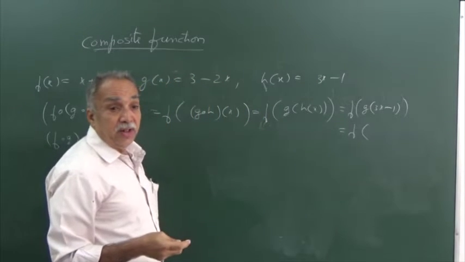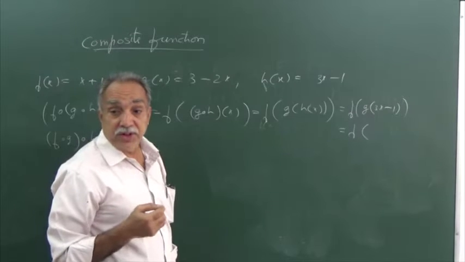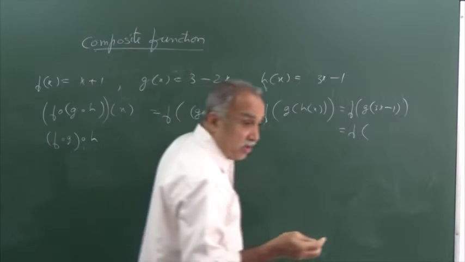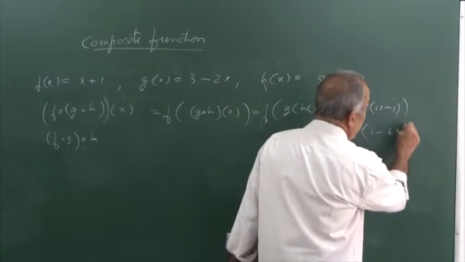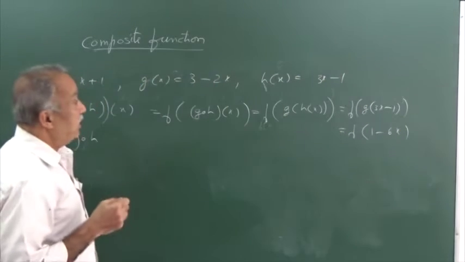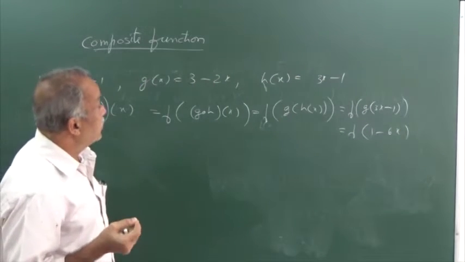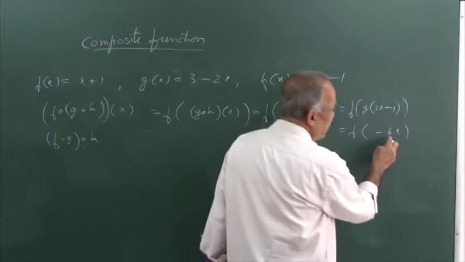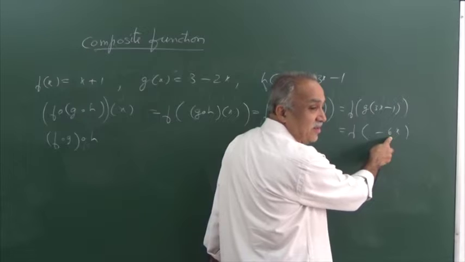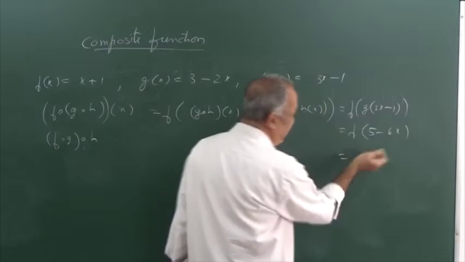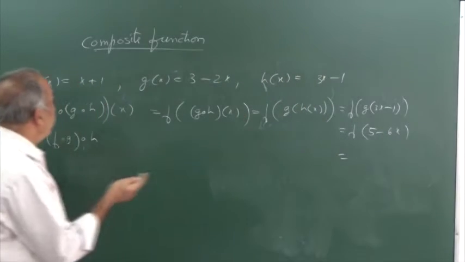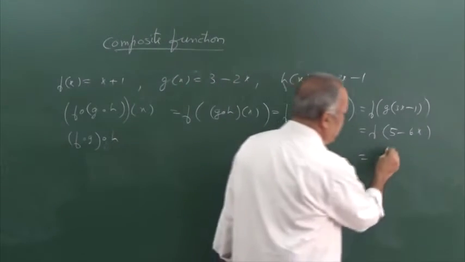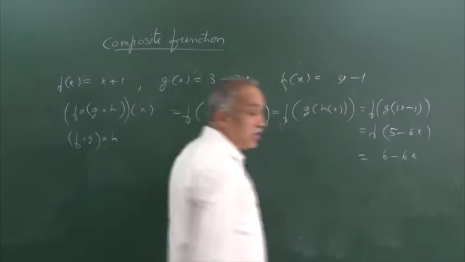How much will it be? 3 minus 2 into 3x minus 1 is 5 minus 6x. This coefficient is okay. This is right. And when you apply f to this, you have to simply add 1 to the argument. Calculation is simple now. You are getting 6 minus 6x.